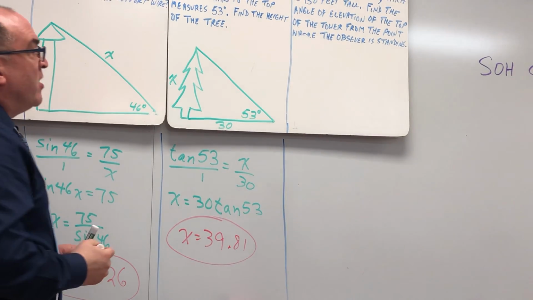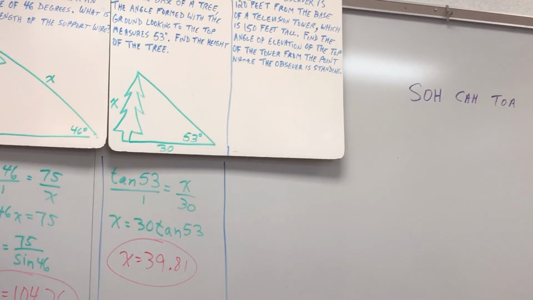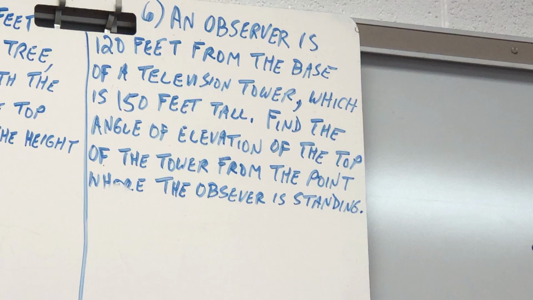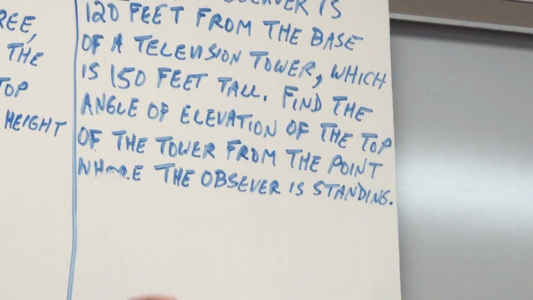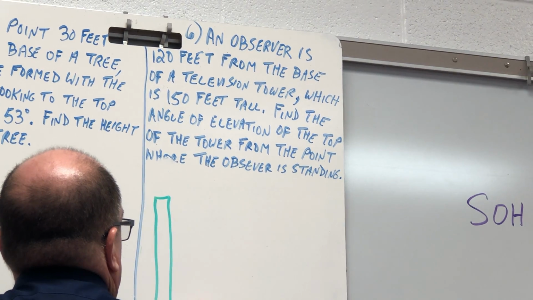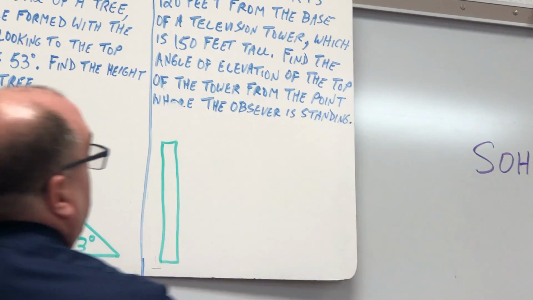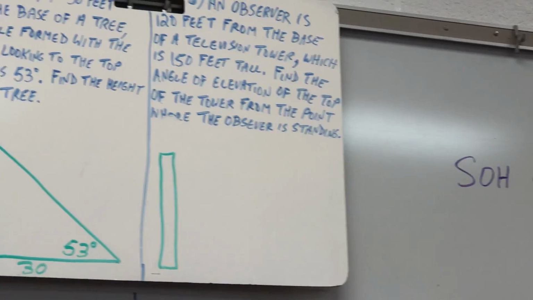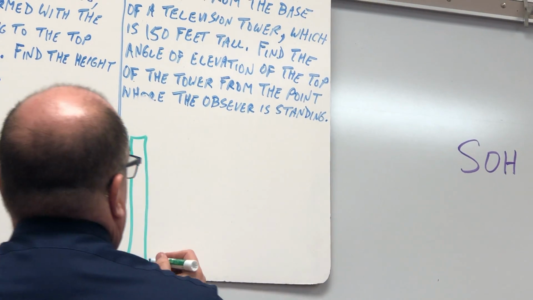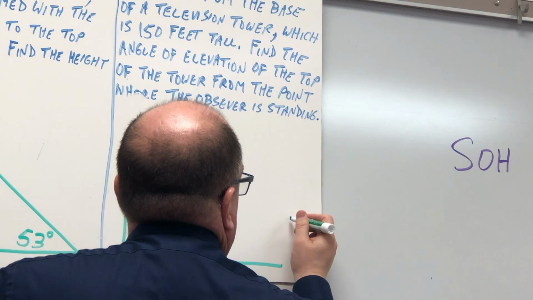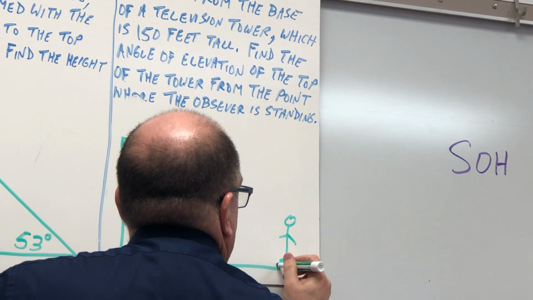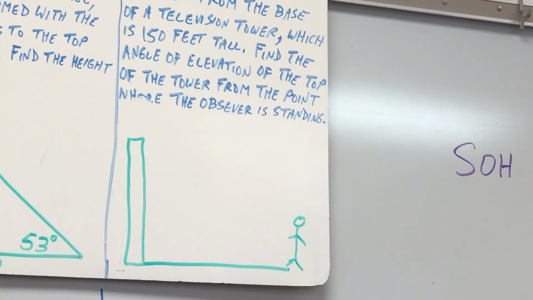Okay, one more. An observer is 120 feet from the base of a television tower. I don't know what a television tower looks like, so I'm just going to draw a building. And an observer is 120 feet away. Here's my observer. Beautiful stick figure.